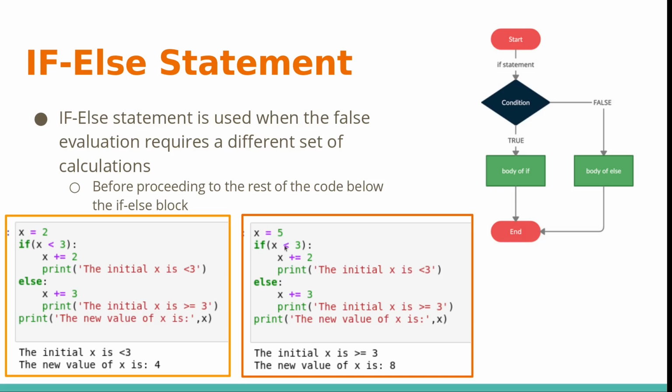So it skips this if block, goes to the else block, takes my 5, adds 3 to it. The new value is printed as 8. It also prints this statement, which is part of the else block, saying the initial value of x is greater than or equal to 3. So this is how you write if and else statements.